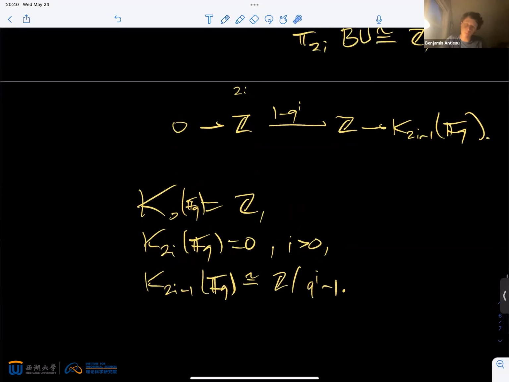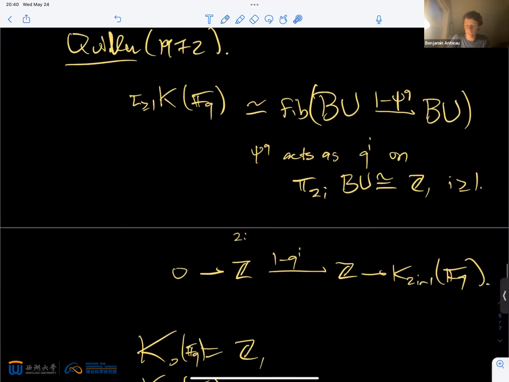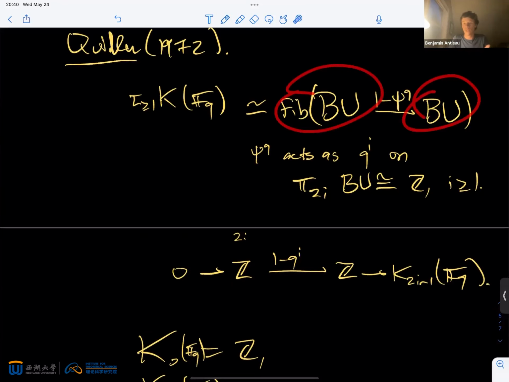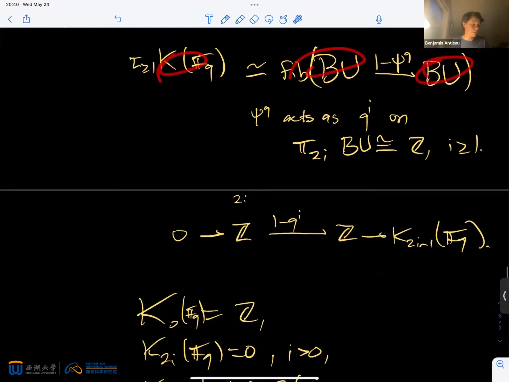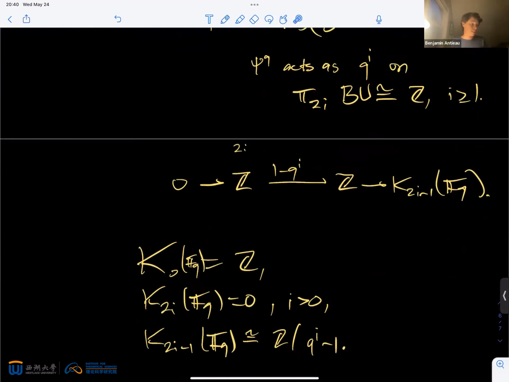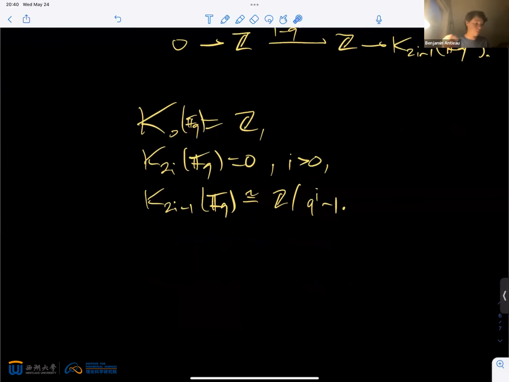And I think people were thinking that this does suggest that there's a connection between algebraic K-theory and some sort of an Atiyah-Hirzebruch spectral sequence, because you have this direct connection between this two-periodic cohomology theory here and this. And indeed that turns out to be the case.